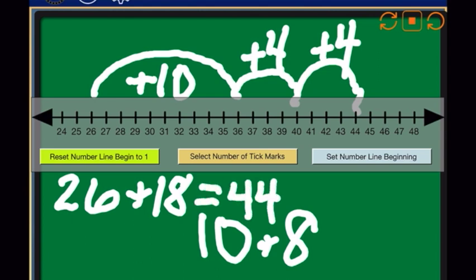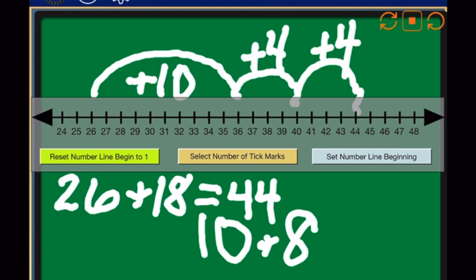And that would be doing the strategy add tens then ones, but I also used my knowledge of doubles, which we talked about in the previous unit, and I used my knowledge of making a 10 that I learned in my previous unit to get to the number.